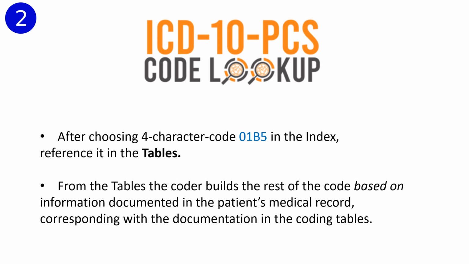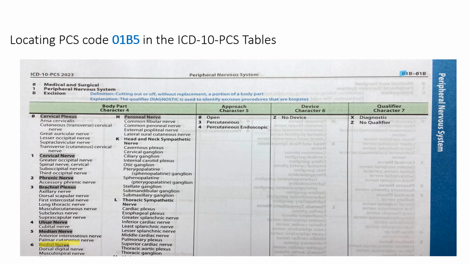Then the coder needs to reference the provided code in the tables, which are located in the back of the book, and form the rest of the code based on the information documented in the patient's medical record, corresponding with the documentation in the coding tables. So the coder is at the tables of ICD-10-PCS, and the previous code of 01B5 is verified here.